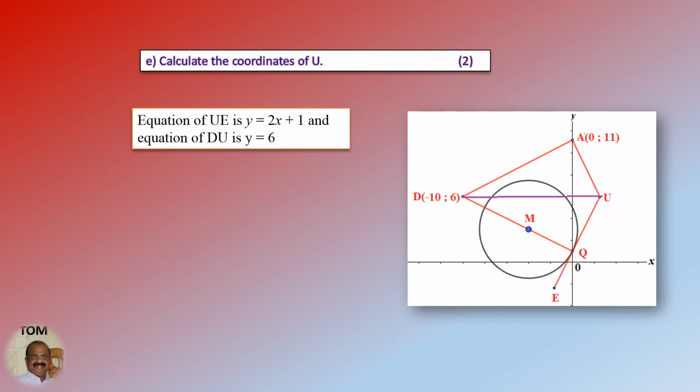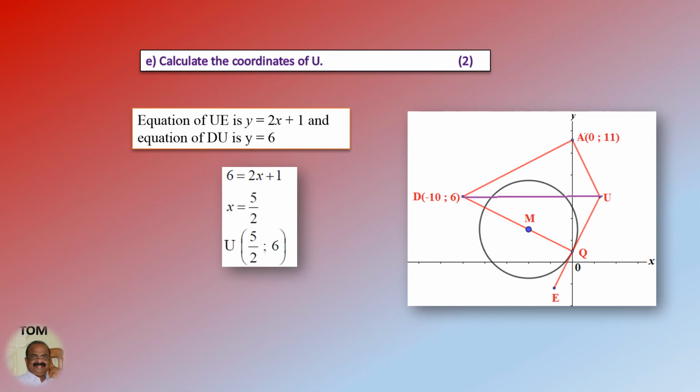Equation of UE is y equal to 2x plus 1, and equation of DU is y equal to 6 from the previous questions. Now our job is to solve these two equations simultaneously. So we write 6 is equal to 2x plus 1, and then we solve for x. x is equal to 5 over 2. So the x coordinate is 5 over 2 and the y coordinate is 6. So U is 5 over 2, 6.